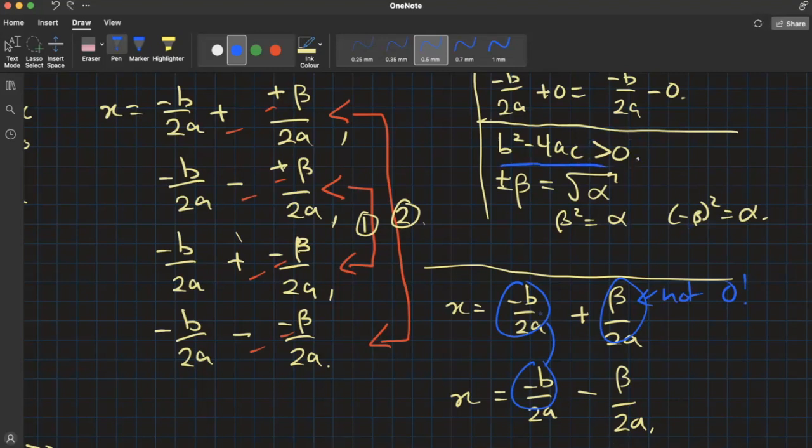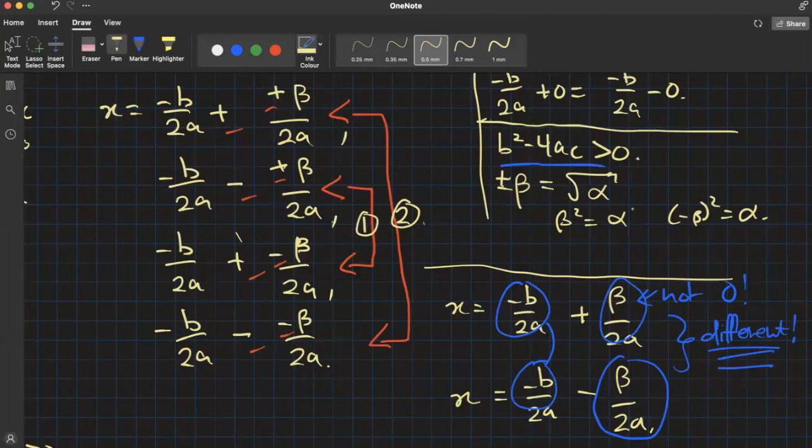So if you take any number and you add something which is not 0, and you take that same number and you subtract that same something which is not 0, these two things for sure are going to be different. And that is the reason why when b squared minus 4ac is greater than 0, you will have 2 solutions to your quadratic formula.